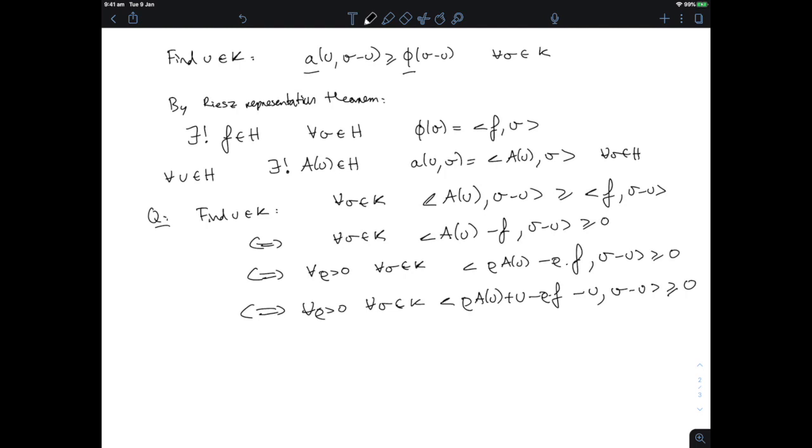And that would be saying that for every rho, u happens to be the projection onto K of rho times f minus rho times au plus u.